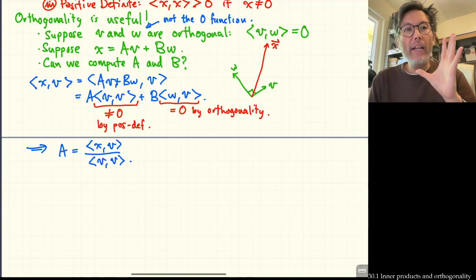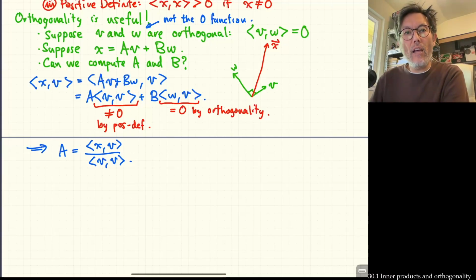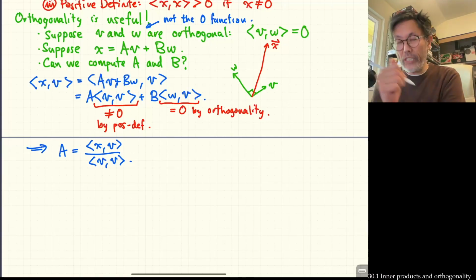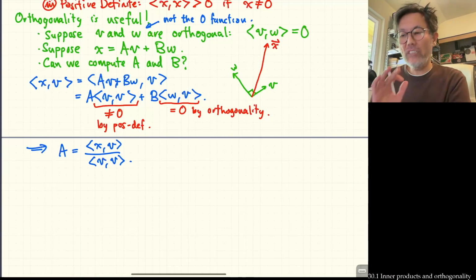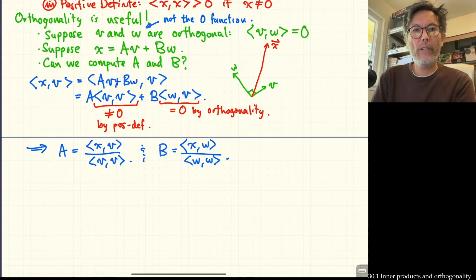We can figure out how many v's we need to create x by looking at just inner products. And similarly, by the way, we can also figure out b. This is similar. We just take the inner product of x with w and divide by the inner product of w with itself.